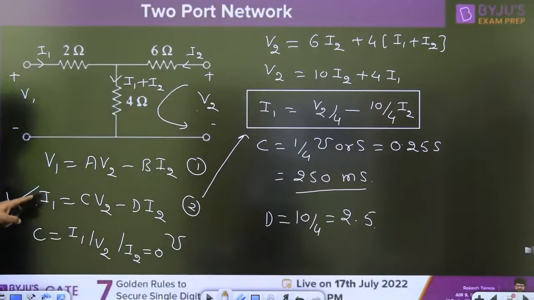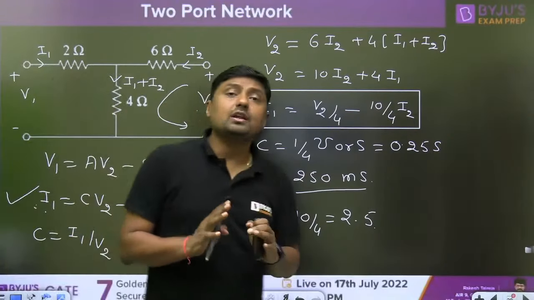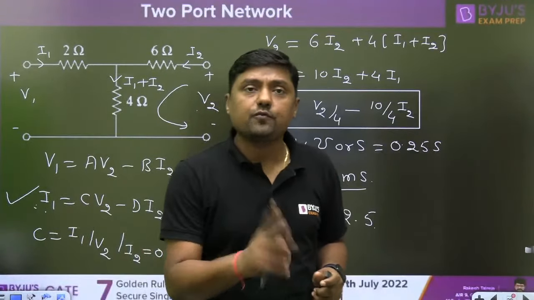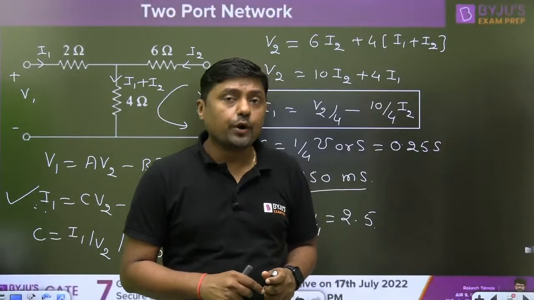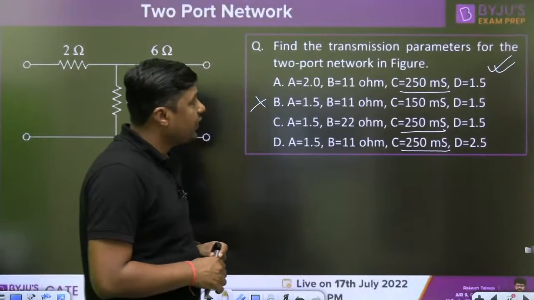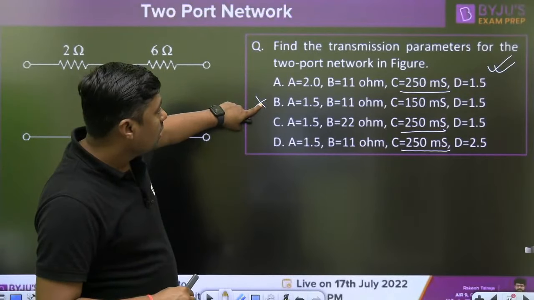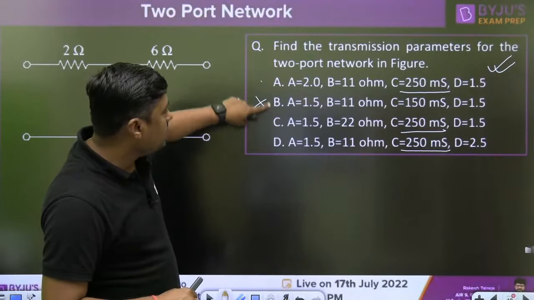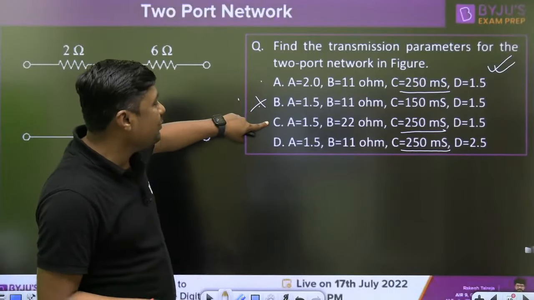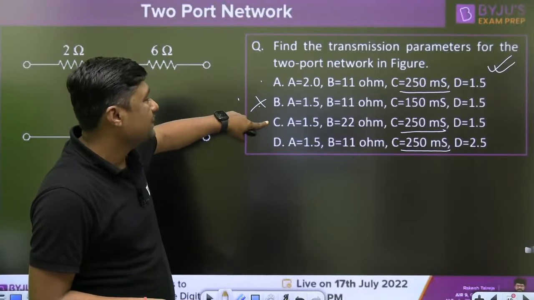D is the ratio of I1 and I2, I1 by I2 with V2 equal to 0. So D is a unitless quantity. D is 2.5. Which answer is correct? 2.5. Oh, this is already wrong. In this one 1.5, in this one 1.5, then tell me which answer is correct.